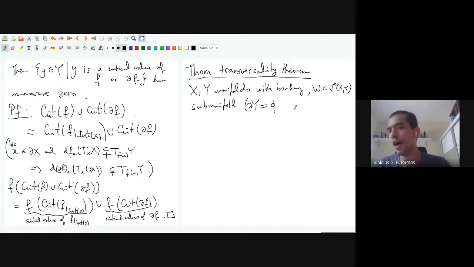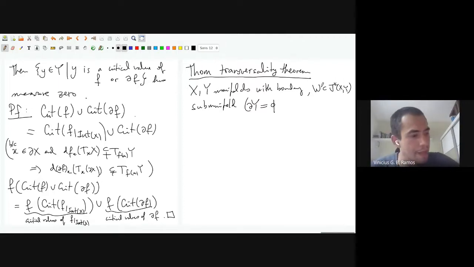So first of all, I want the second manifold to not have boundary. The reason is that if I take the product of two manifolds with boundary, I don't get a manifold with boundary in general. I only do that if one of them doesn't have boundary. So I assume that the boundary of Y is empty, so that the jet space is a manifold with boundary.